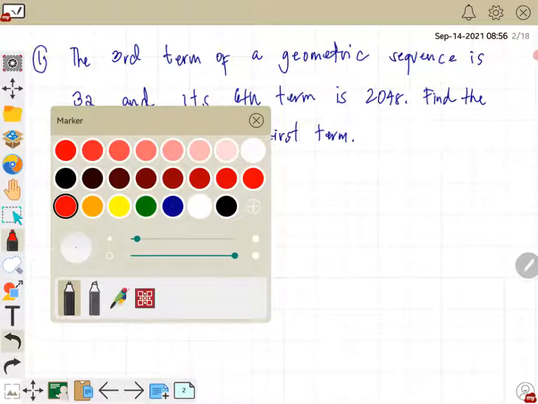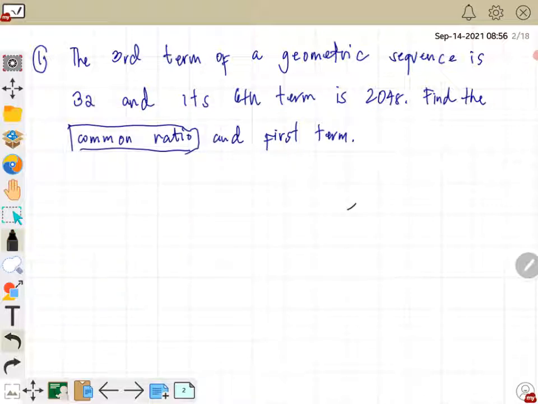So here we are just given information, which is we have a sub 3, and that is 32. This gives us n is 3. Then we have a sub 6, that is 2048, and that is n equals 6.